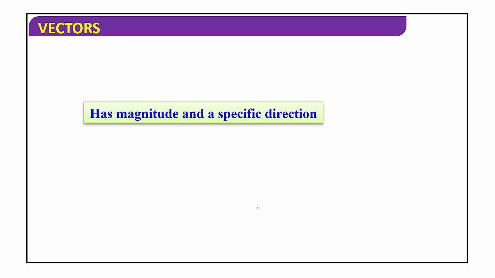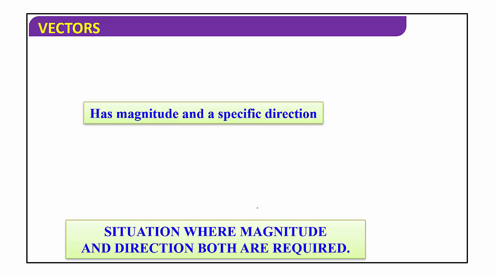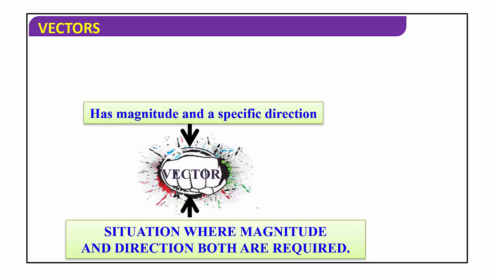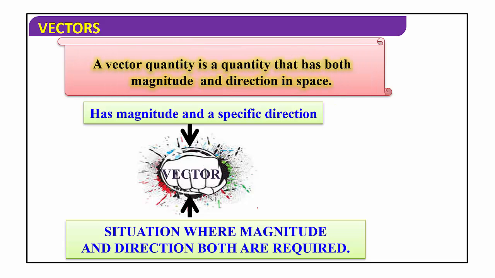Now second point, if that quantity has magnitude and a specific direction, here the situation where magnitude and direction both are required. Is it clear? So then we are going to call that quantity a vector quantity. How to define a vector quantity?